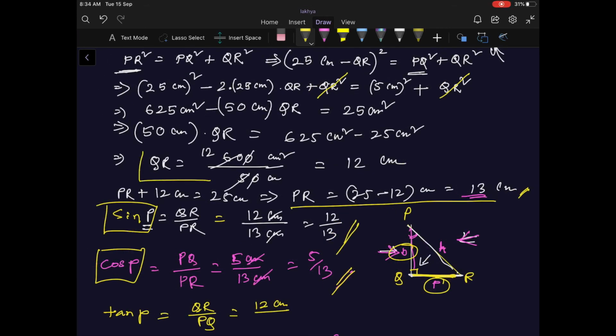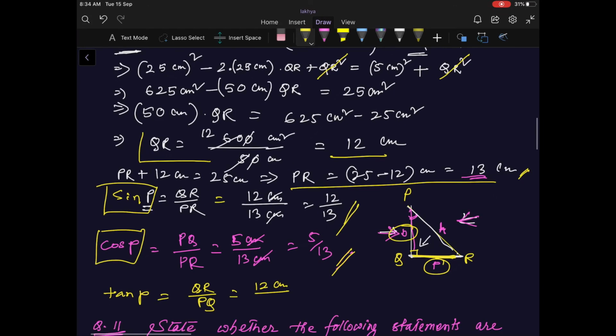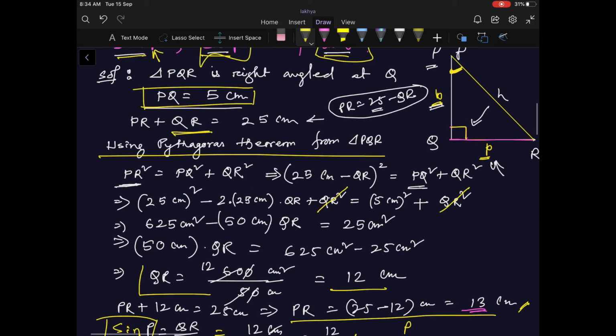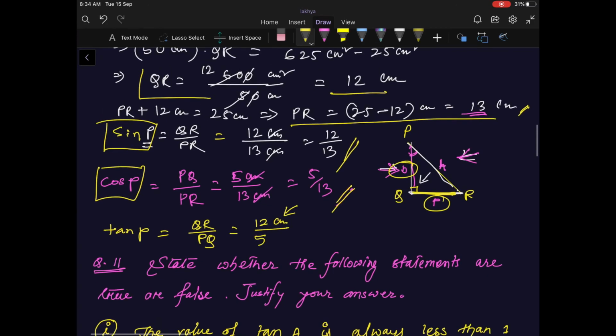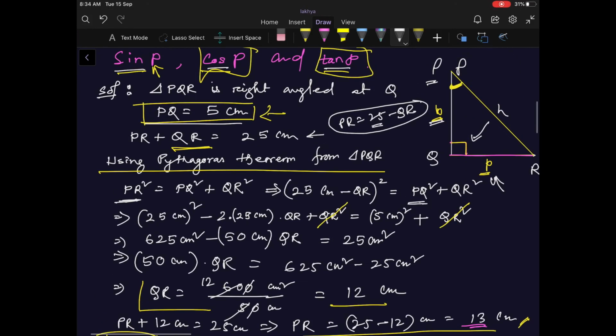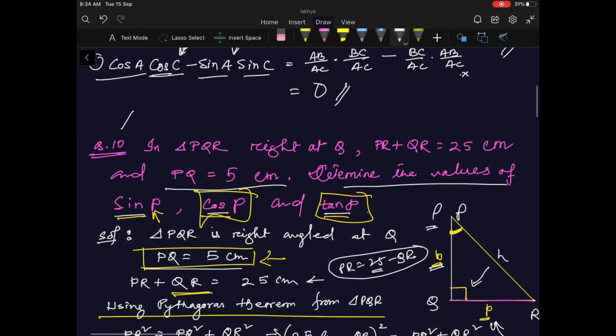QR is 12 centimeter and PQ is 5 centimeter. Centimeter cancel, so we have got 12 by 5. This is the value of tan P. That's how we can solve question number 10.